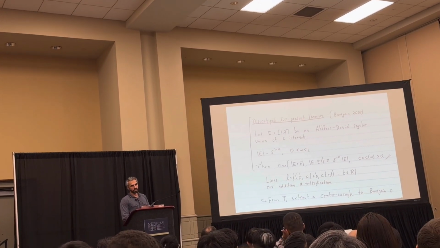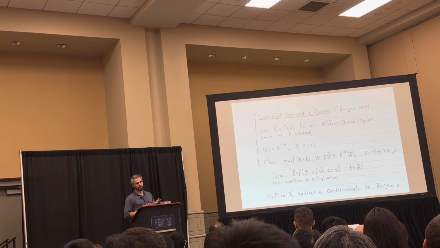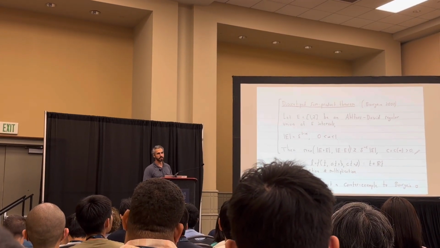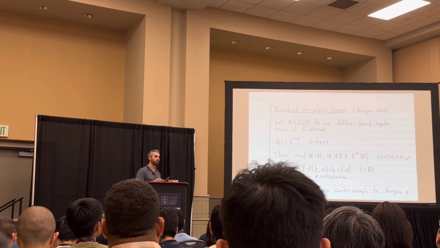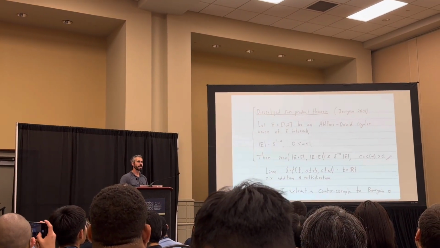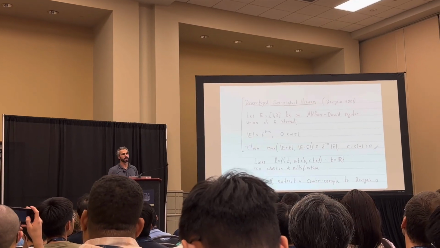This theorem plays an important role, and in particular, this theorem distinguishes the real numbers from the complex numbers. Because over C, a very similar statement makes sense, but it's false. You take all of the real numbers as a half-dimensional subring sitting inside of C, and the statement written here makes sense, but it is a false statement.